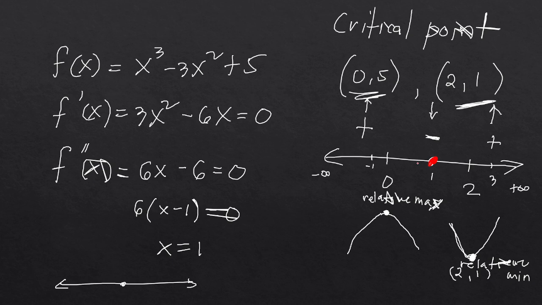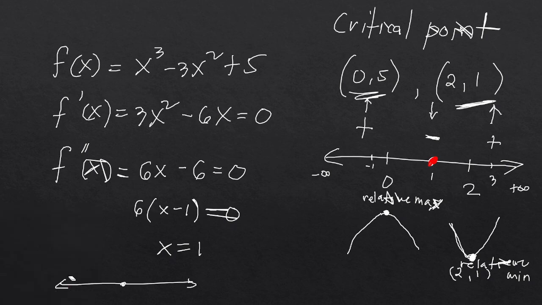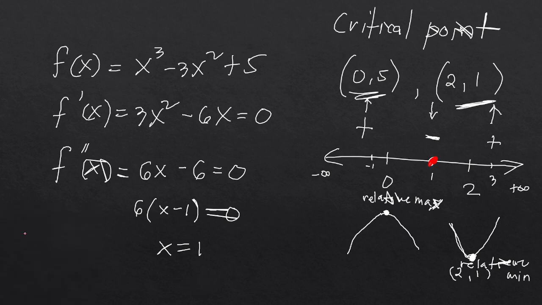So we will do the same thing: we'll get a testing point out of the interval. As you can see, we will have only two intervals because we only have one value here.